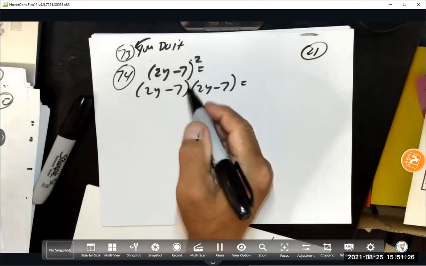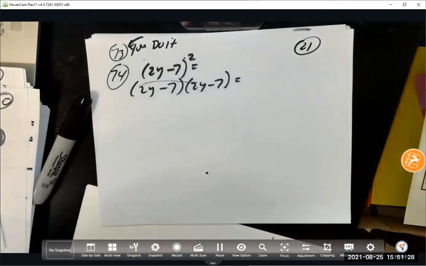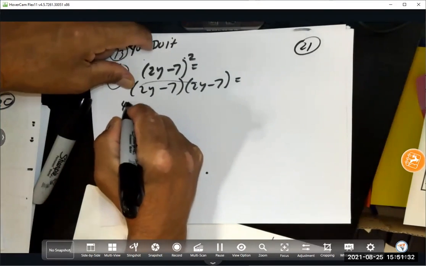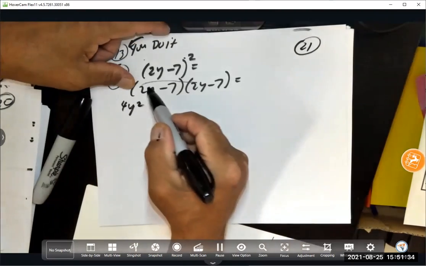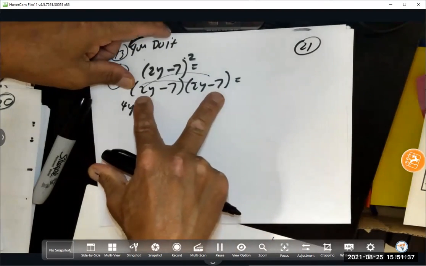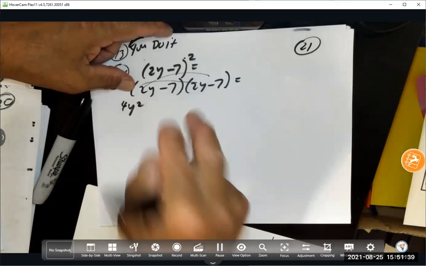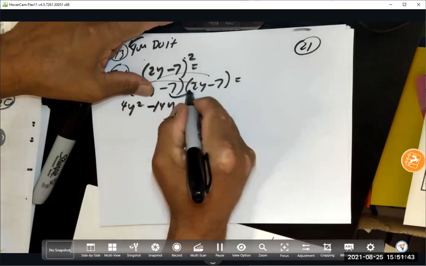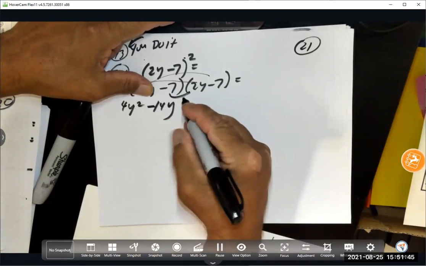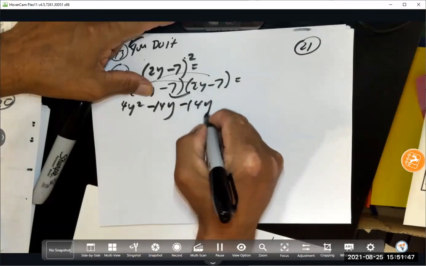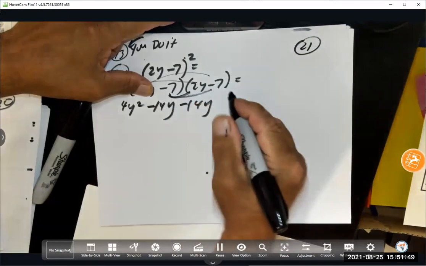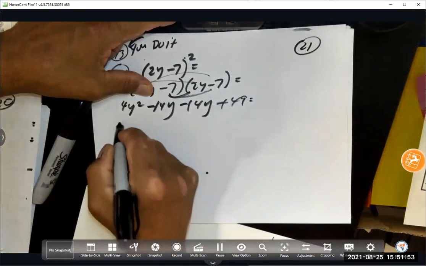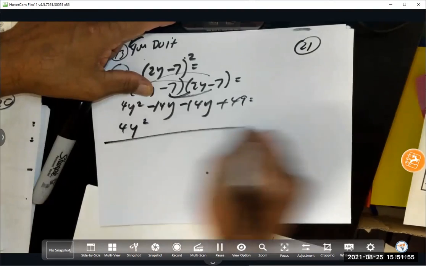All right, so ready? What is 2y times 2y? 4y squared. And what's 2y times negative 7? Negative 14y. And a negative 7 times 2y again? Negative 14y. And the last one, negative times negative? Positive 49. All right, and now we have 4y squared.